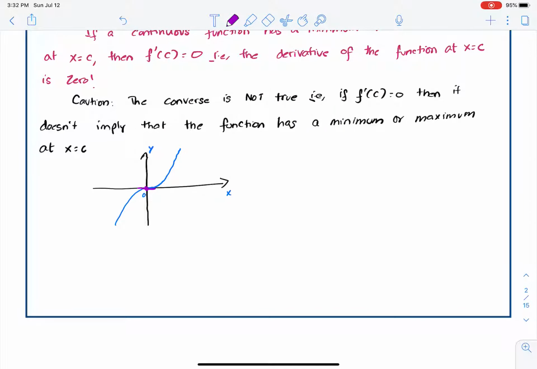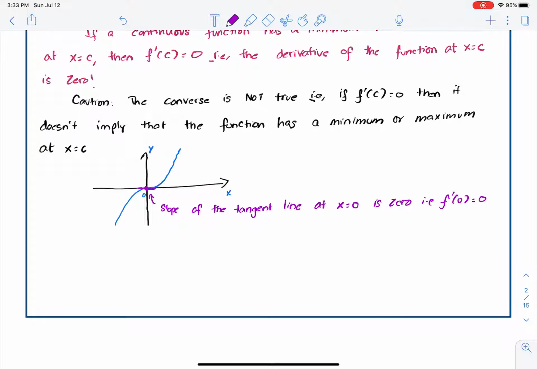And the slope of the tangent line at x is equal to 0 is 0, i.e. f prime of 0 equals 0.